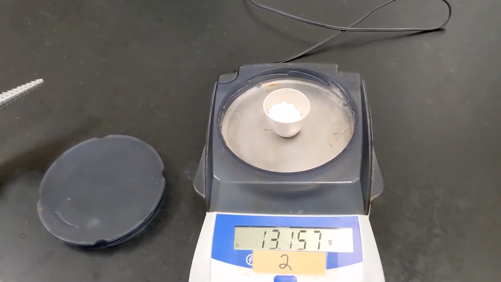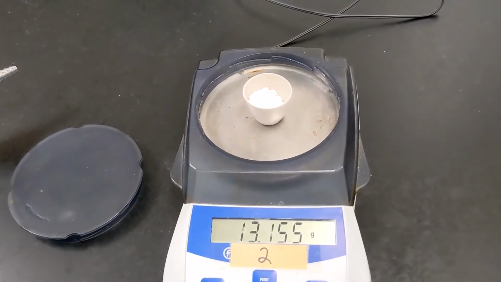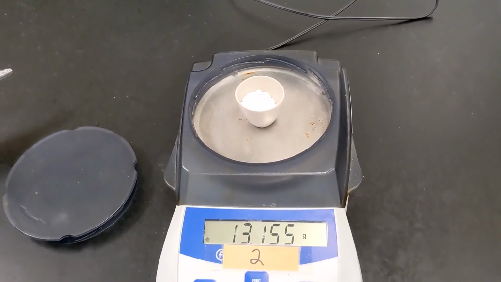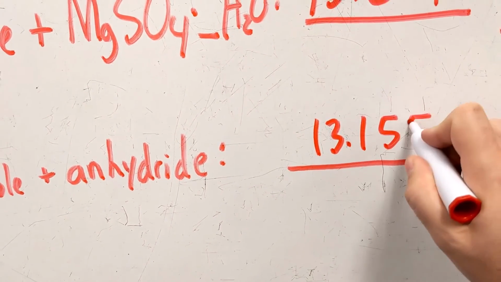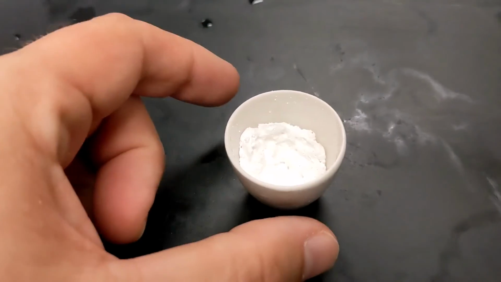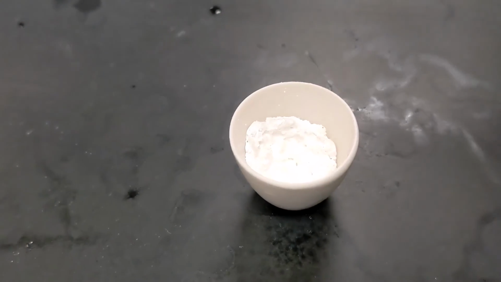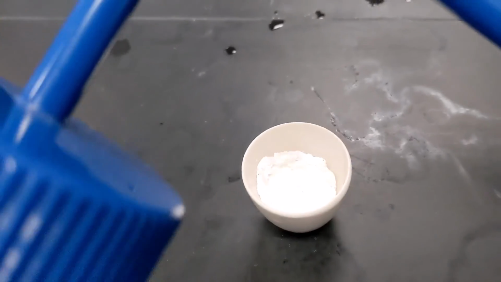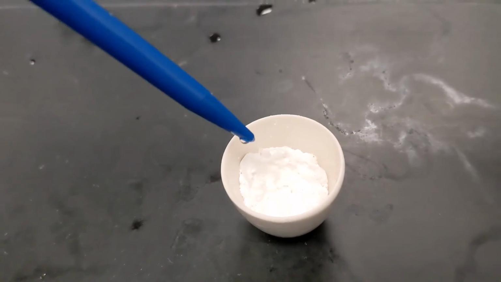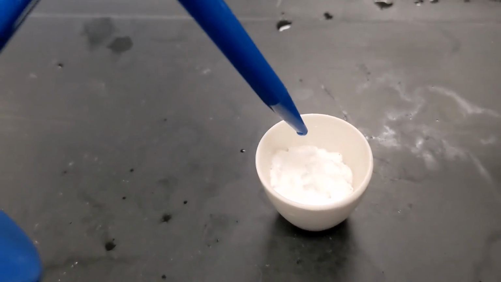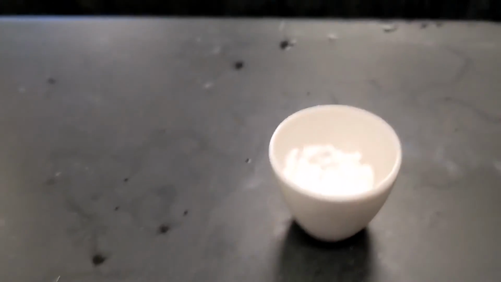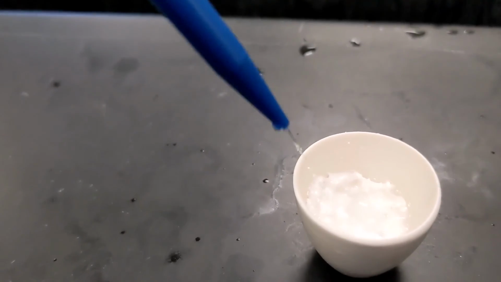Now that the magnesium sulfate has cooled off, we can see that it has a new mass of 13.155 grams. One last thing with this magnesium sulfate, which is now cool to the touch. If I add some distilled water to it, you might be able to see that a little bit of steam is given off in the process as it rehydrates.